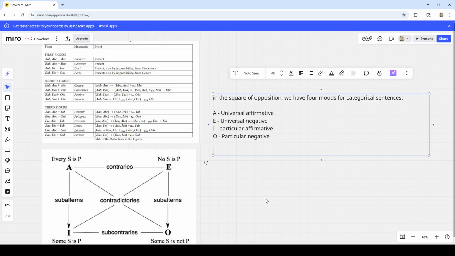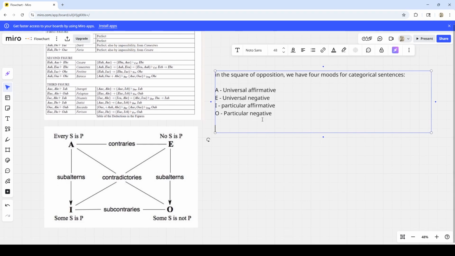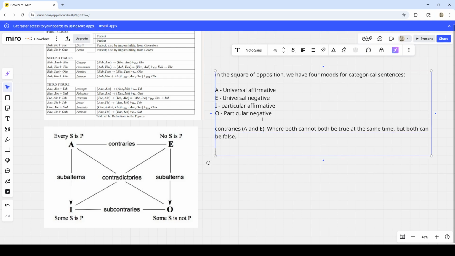Now, the relationships in the square of opposition differ from each other. So contraries, that is A and E, cannot both be true at the same time, but both can be false. Subalterns is where one implies the other, but the other doesn't imply the one back.